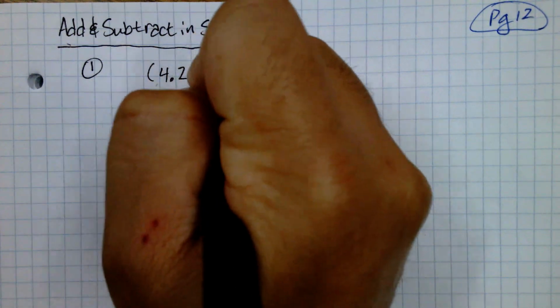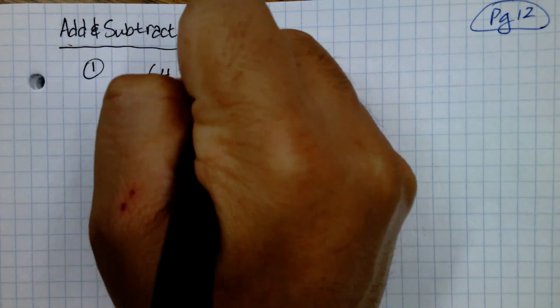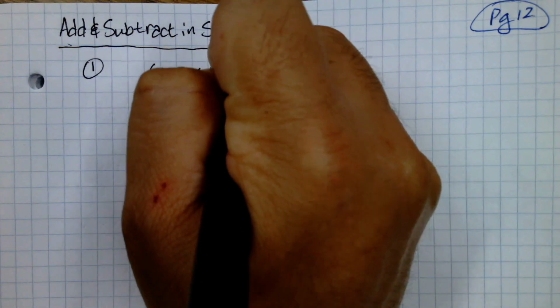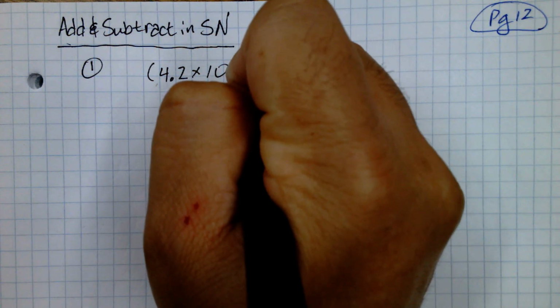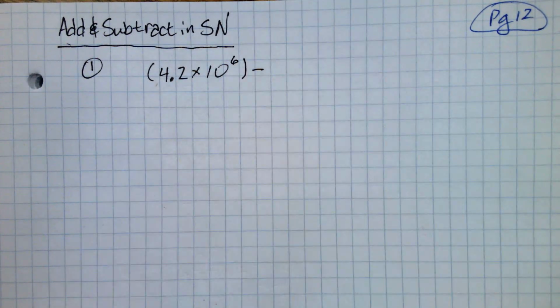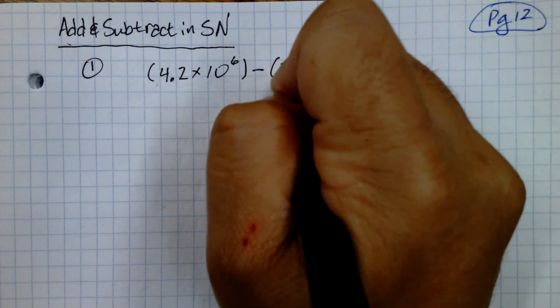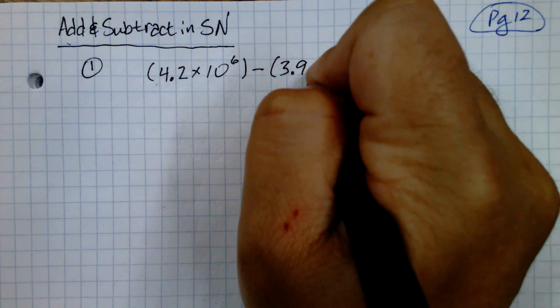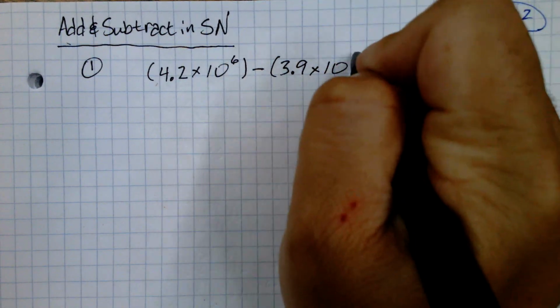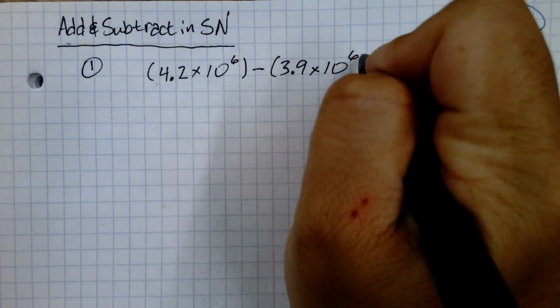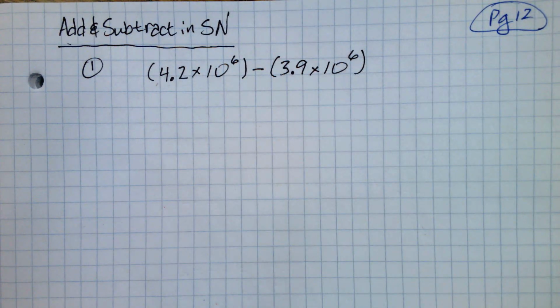I'm going to write 4.2 times 10 to the 6th power, and let's subtract away from that 3.9 times 10 to the 6th power. That's what we're going to start with, just a little subtraction.